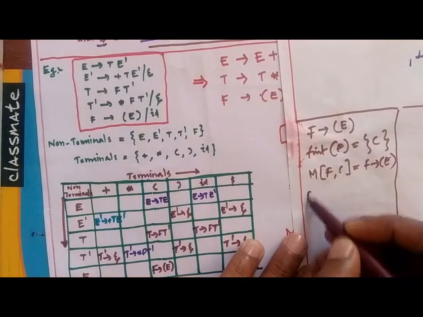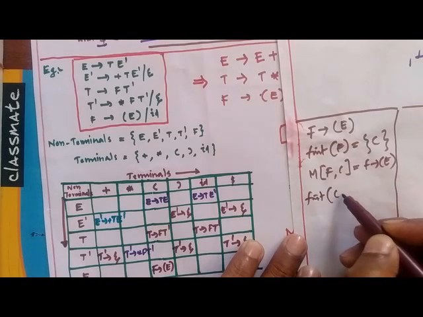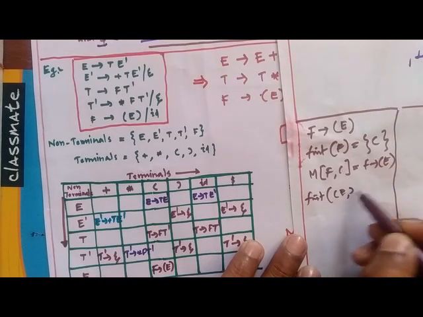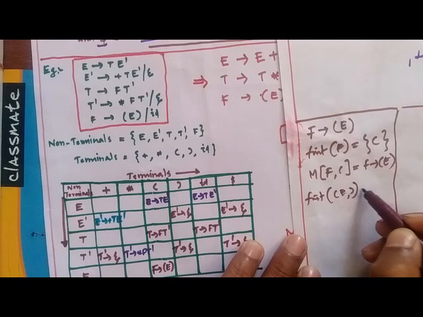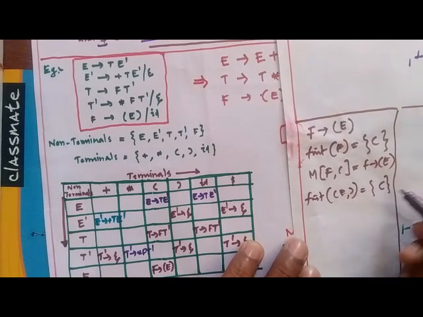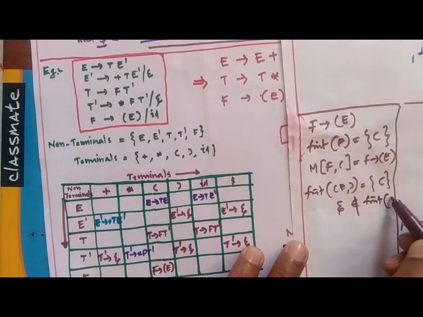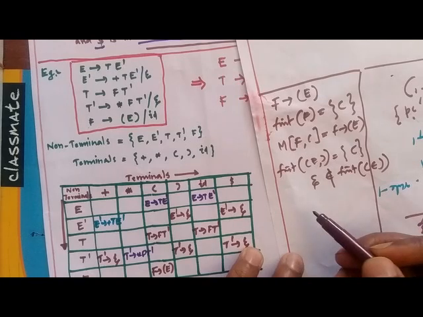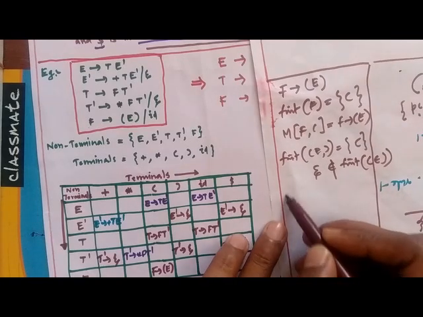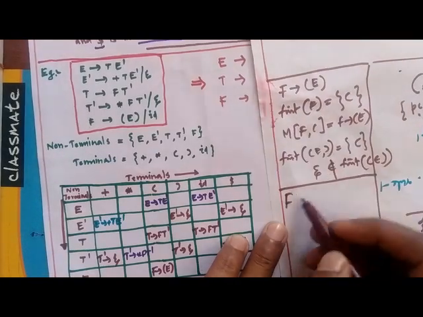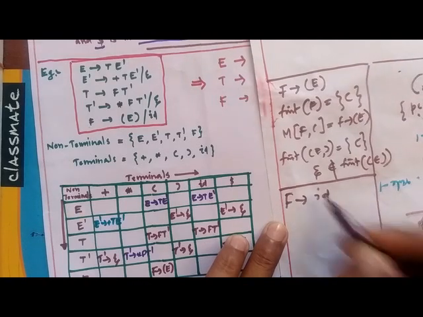Then we know that first of left bracket E right bracket contains only left bracket, so epsilon does not belong to it, so we cannot apply rule 2. And the last production is F gives id.